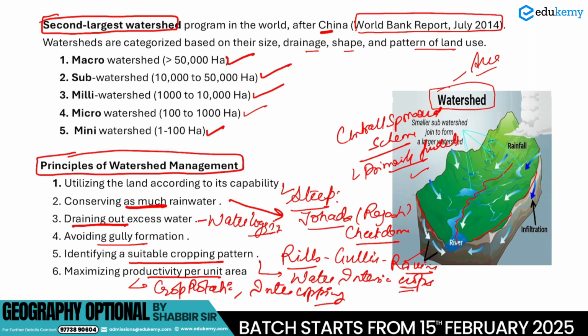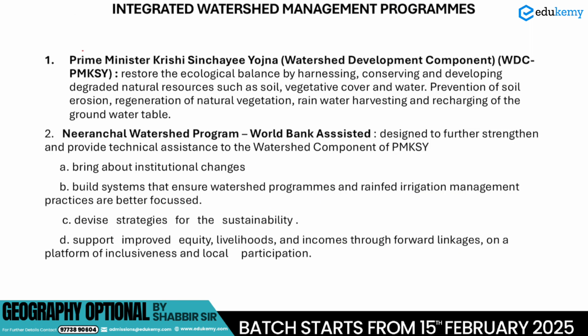So these all are the principles of watershed management. Let's go ahead. Integrated watershed management programs also have sub-components like Pradhan Mantri Krishi Sinchai Yojana. You might have heard about this. This is the watershed development component, where the entire program was to restore ecological balance by harnessing, conserving and developing natural resources such as soil, vegetation cover and water, prevention of soil erosion, regeneration of natural vegetation, and rainwater harvesting.